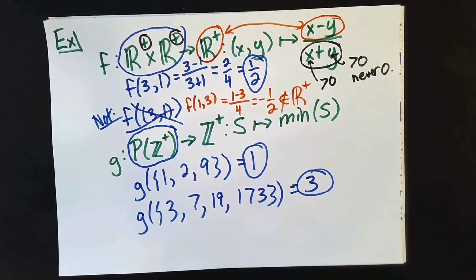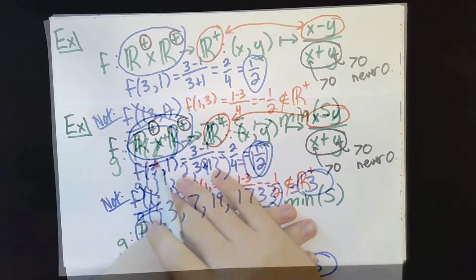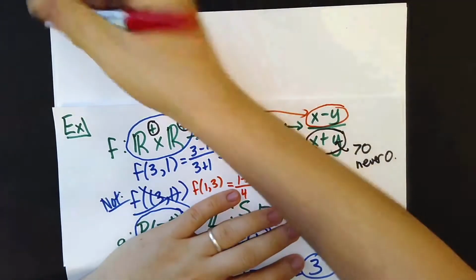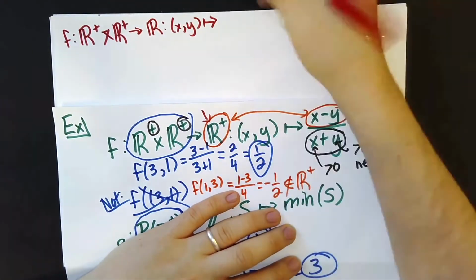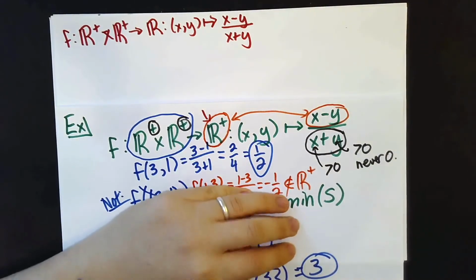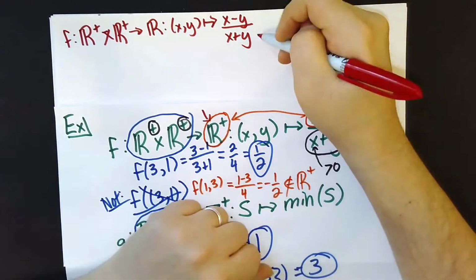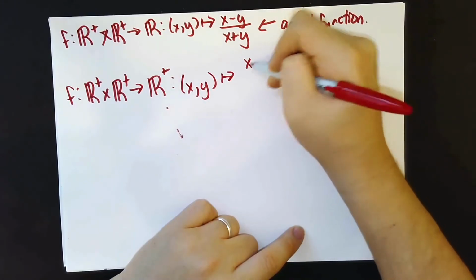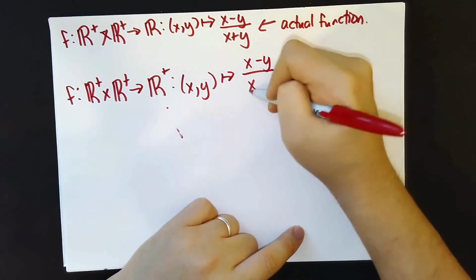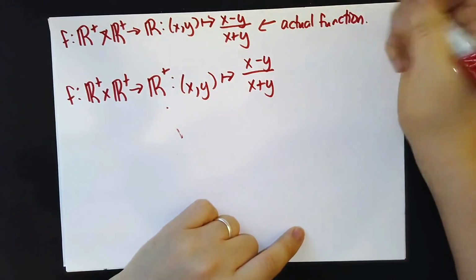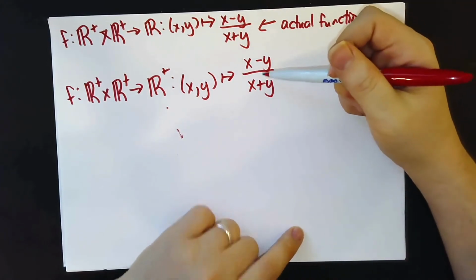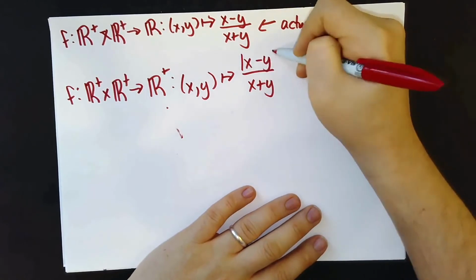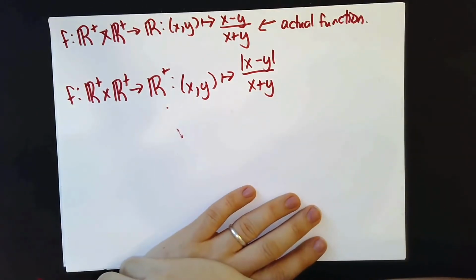So how do you fix this? Well, I think the best way to fix this is probably to just change the listed codomain. And this will give you a real honest function. Here's another thing you might consider, namely, leave the codomain the same, but fix the fact that the numerator here can be negative by putting an absolute value around the x minus y.